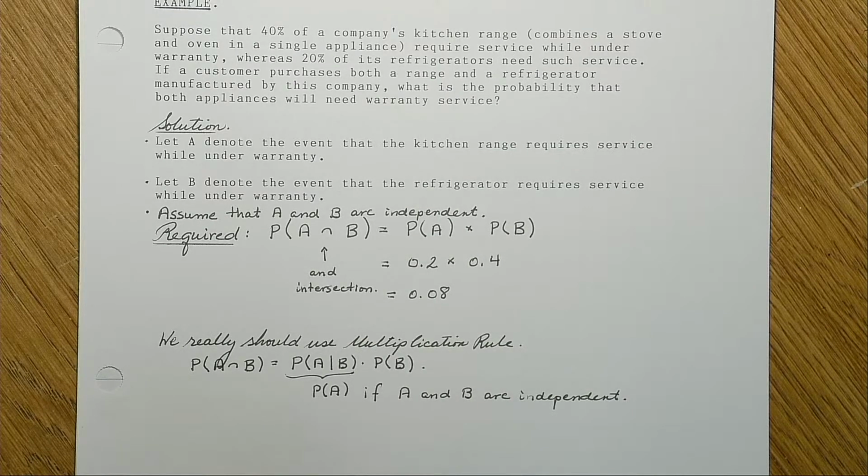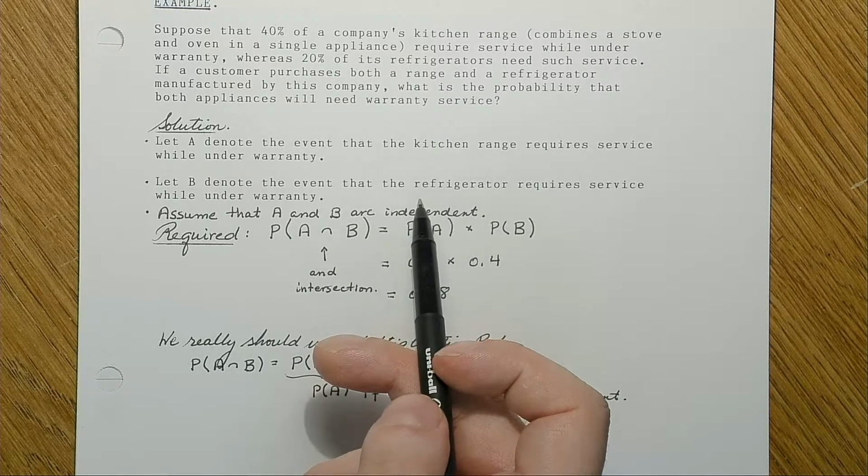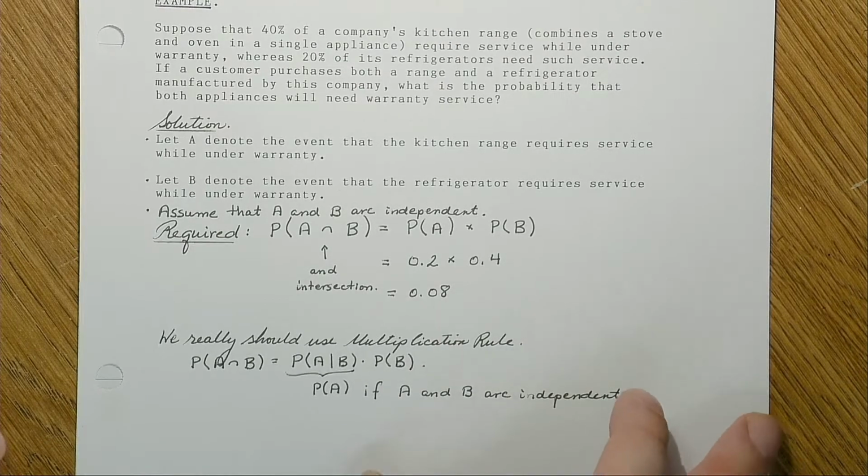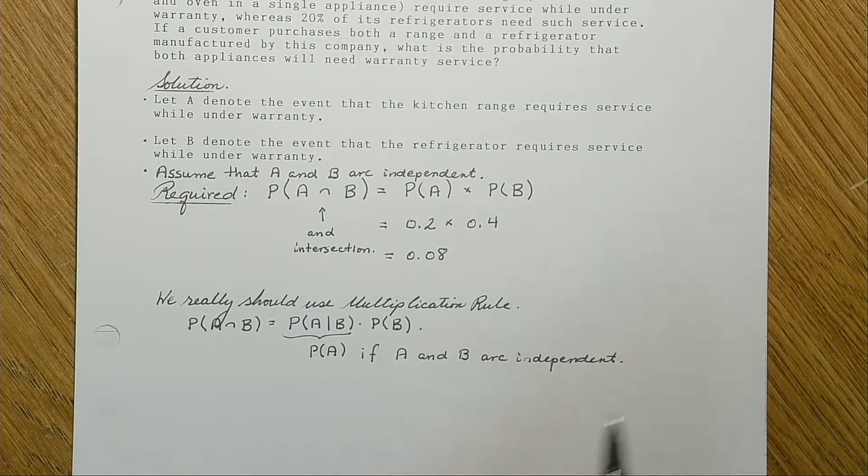Sometimes this can be a reasonable assumption: that the kitchen range breaking down doesn't affect the refrigerator breaking down. We could say that they are built by two different factories or two different lines, and we could say then that they're independent. So again, independence can be quite a strong assumption.